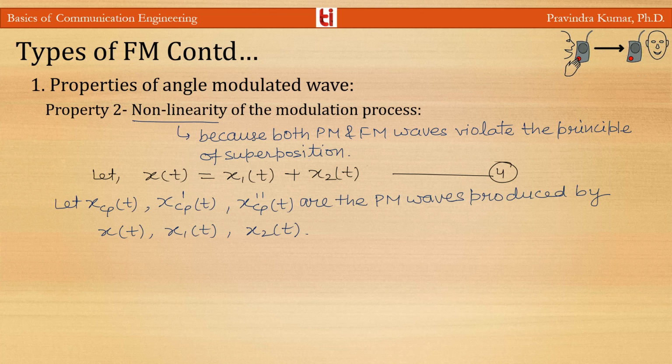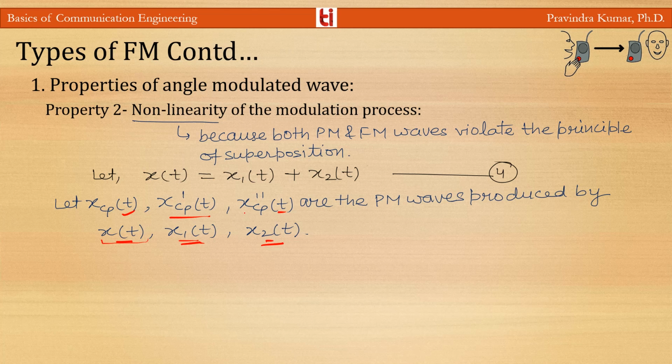And if I consider xcp(t), xcp1(t) and xcp2(t) as PM waves produced by x(t), x1(t) and x2(t), this means xcp(t) is produced by the modulating signal x(t), xcp1(t) is produced by x1(t), and xcp2(t) is produced by x2(t).